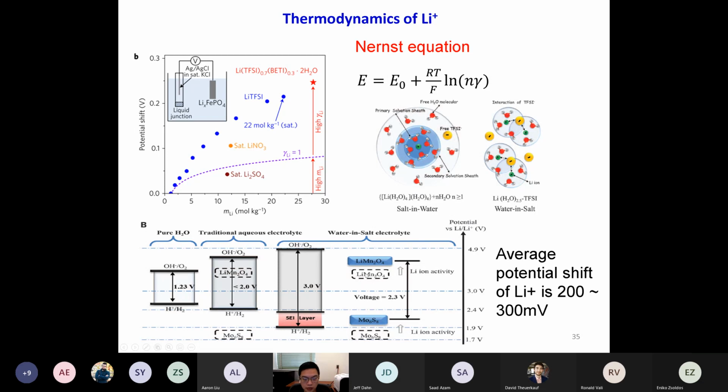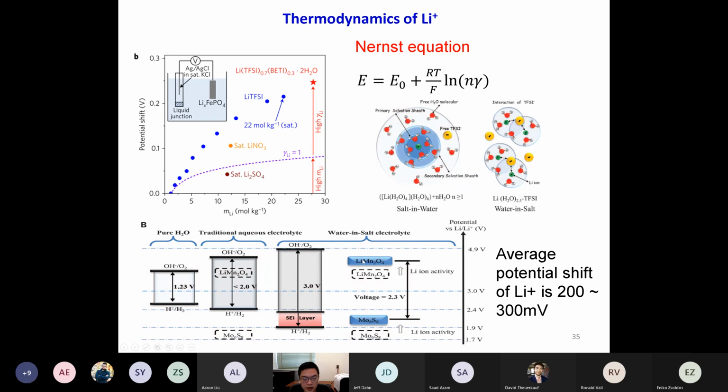But the benefit of this is that you lift every lithium ion chemistry up at least 0.2 volt. So like the anode, like molybdenum sulfide, which wasn't inside of the stability window of the aqueous electrolyte, right now we can push it up, and in this Science paper, the molybdenum sulfide is pretty stable inside of the water-in-salt electrolyte.